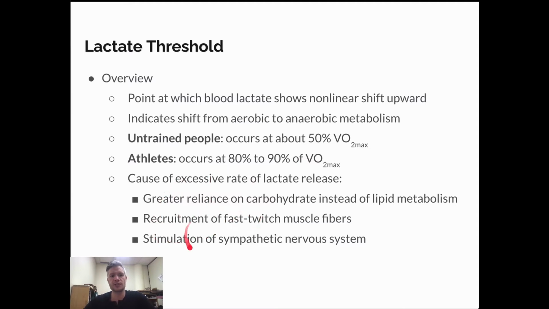So through the stimulation of our sympathetic nervous system, or our fight or flight system, we get this increased type 2 or fast twitch muscle fiber recruitment, which means more carbohydrate use. And so when that happens, we reach this point where within our cell, because our energy demands aren't being met through aerobic metabolism, we need to start adding on some anaerobic energy as well.